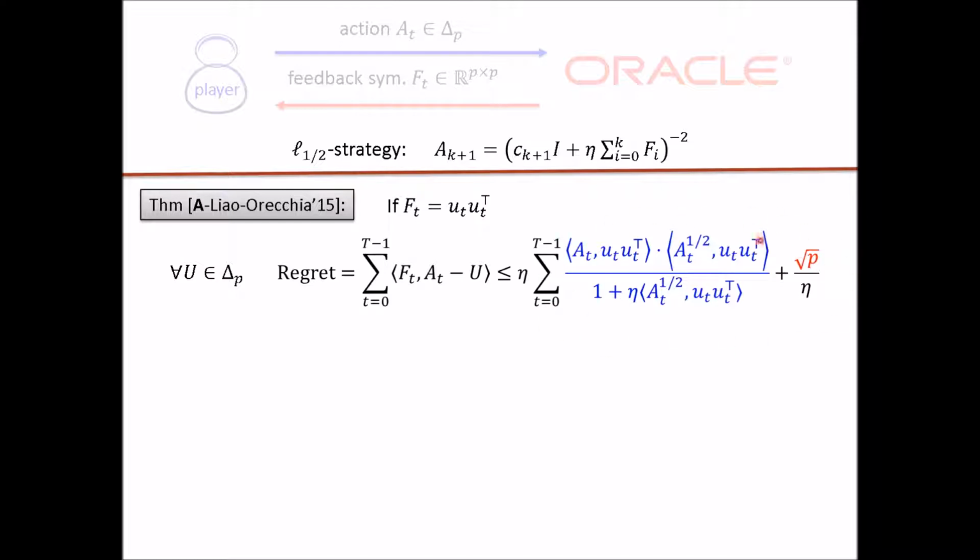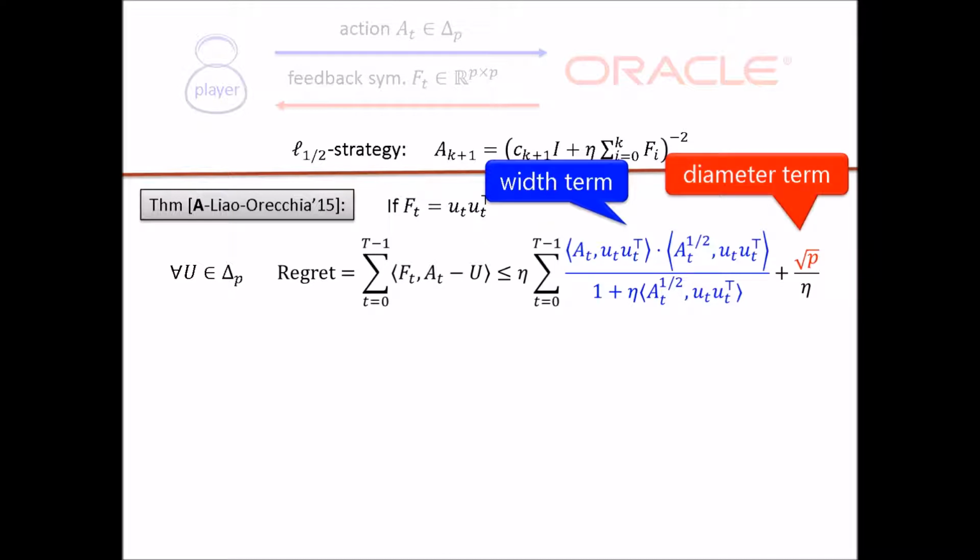So you don't need to read into the math at this point. But let me just quickly point out that the blue terms are something that we typically refer to as the width term, and the red term is like a diameter term. So the blue terms here, the width term, are just like our monthly payment for our mortgage. So in each iteration, you pay an additional term here, and you sum it up over all the iterations.